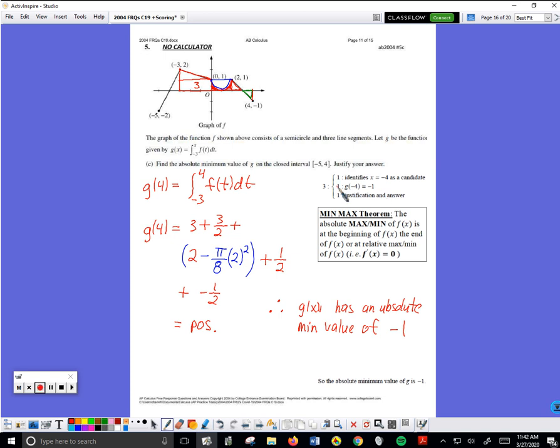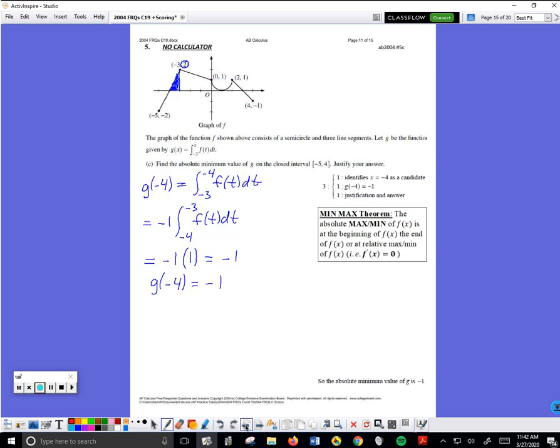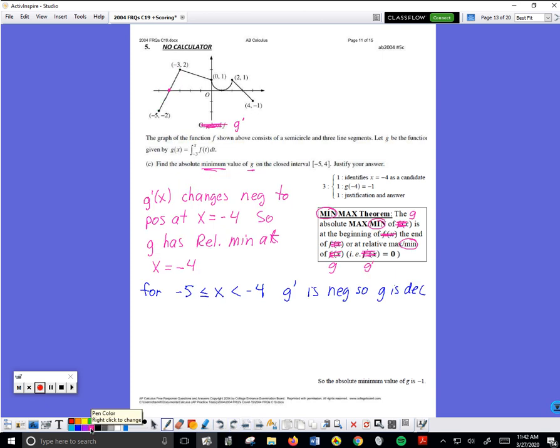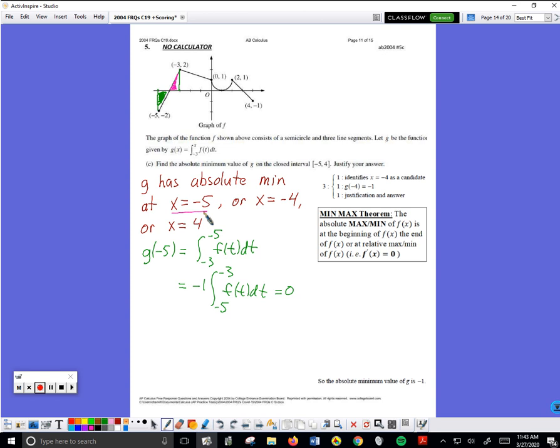Because I found the answer, I get the second point. Because I had the proper justification, I get the third point. So key things again. The first point was for properly identifying right here in pink, this point. Then I remembered the min-max theorem, so I knew I had to go check these 3 x coordinates.